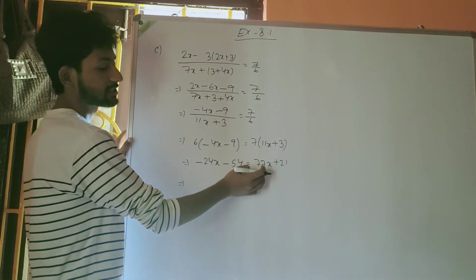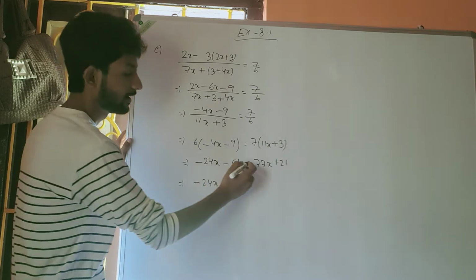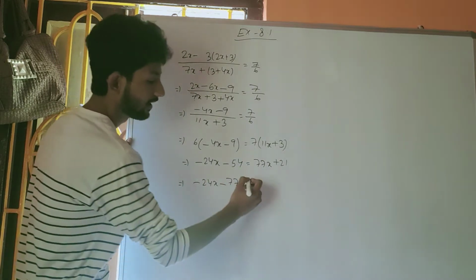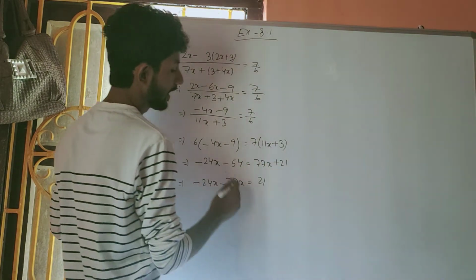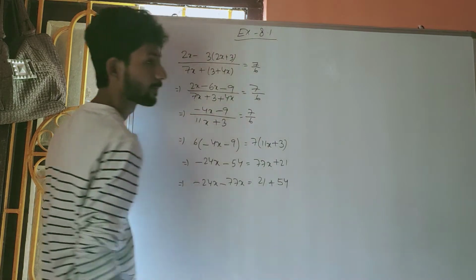Now 77x will come this side, so it will be minus 77x, minus 24x already here. Now 21 is already here, and minus 54 will go this side, then it will be plus 54.